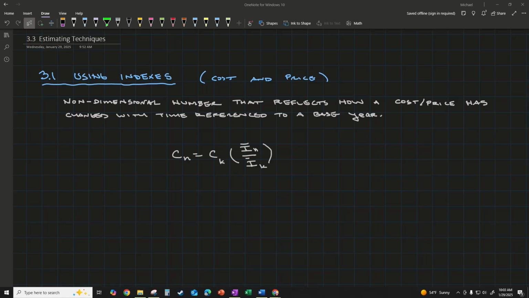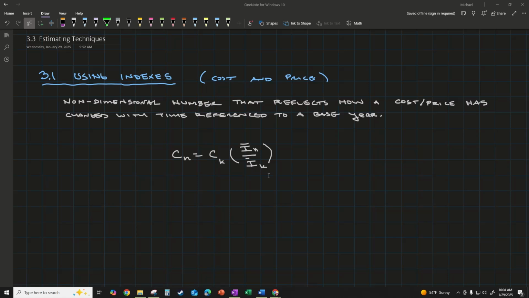The simple relationship used is that our index equals the base reference year cost, for example, say we're doing some form of cost indexing, multiplied by the index for the year to be referenced, and divided by the index of the reference year.